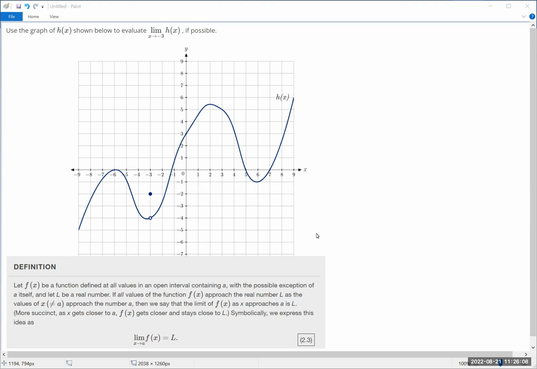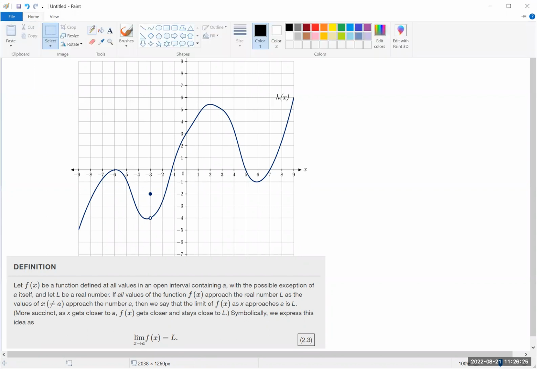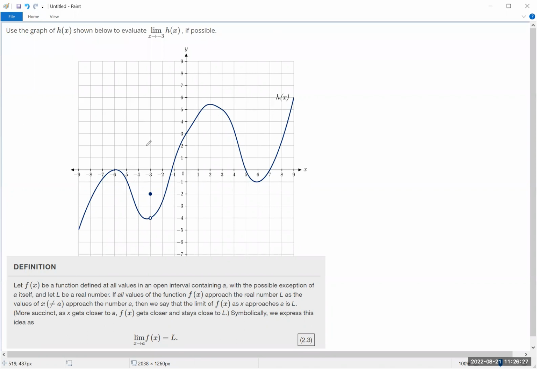The definition says, let f of x be a function defined at all values in an open interval containing a. So the open interval, it's not really strictly defined here, but we're basically considering, say, this open interval from here to here, from say -5 to 1.